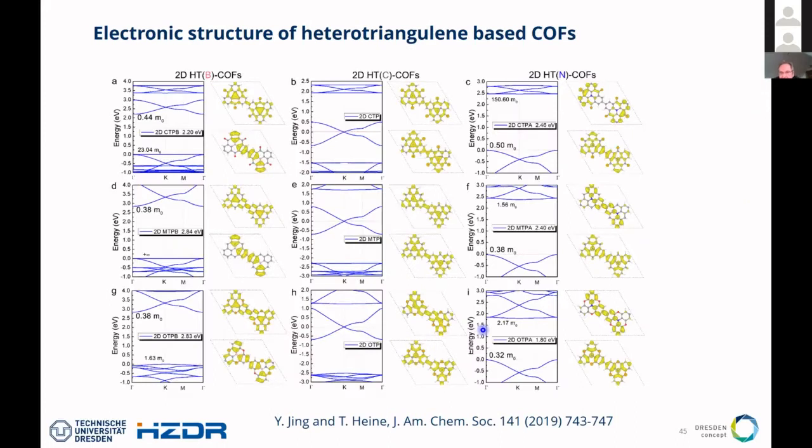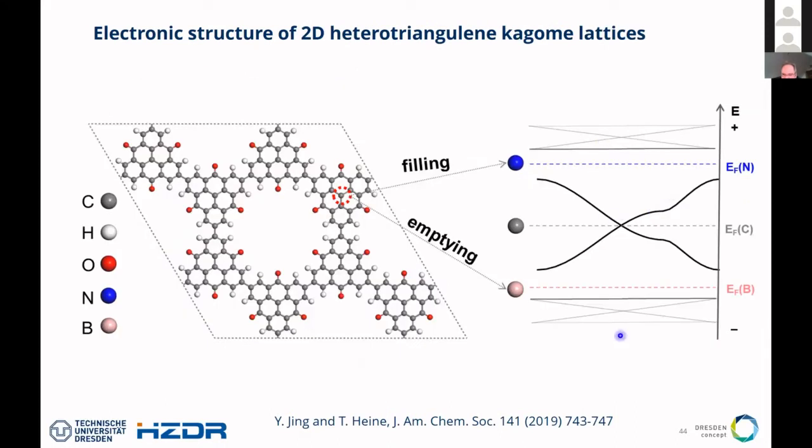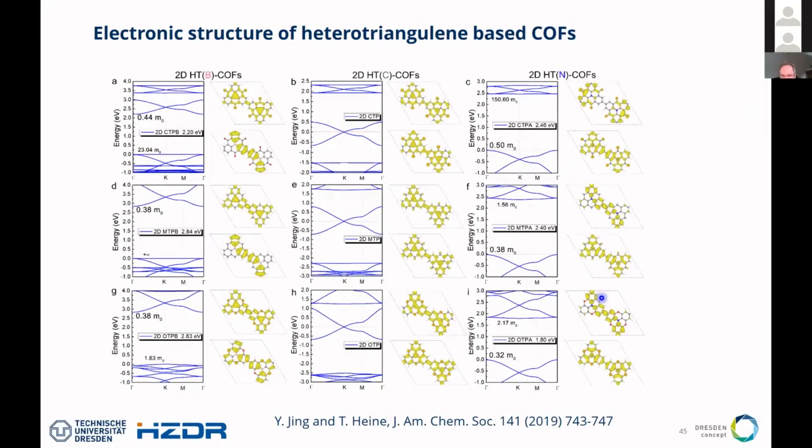What I want to show you here is what I explained before, right? So if we look at this actual feature, you find it in the atomistic calculation. So this here is a sketch, and that is what you get out of DFT. On the left-hand side, you have the boron systems with 3 different functional groups, and they all show the same thing. You have a flat band, and then you have a Dirac band.